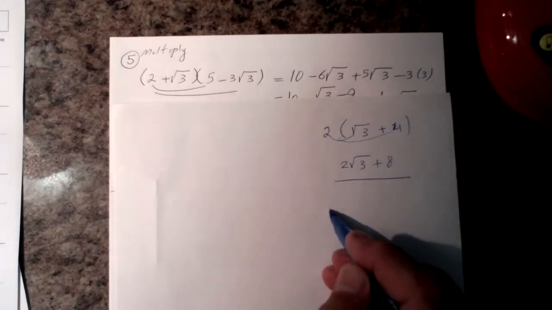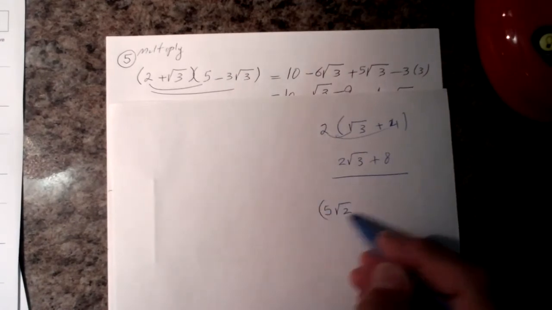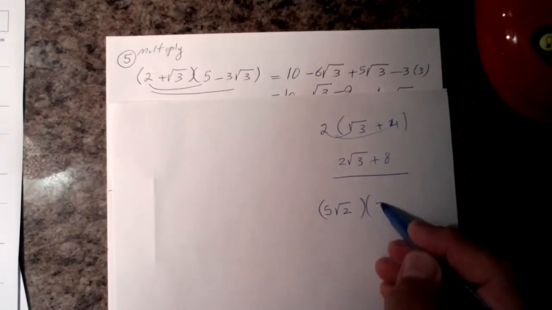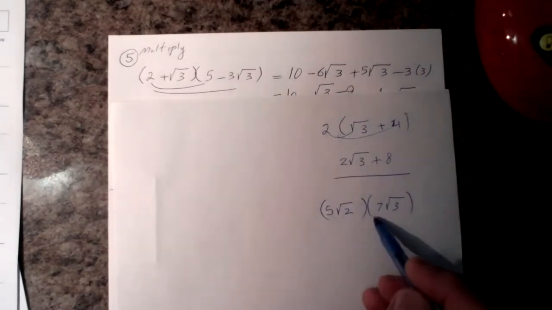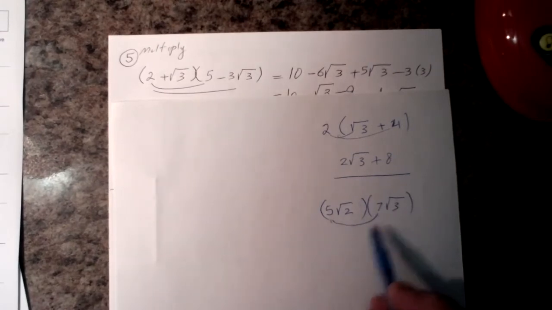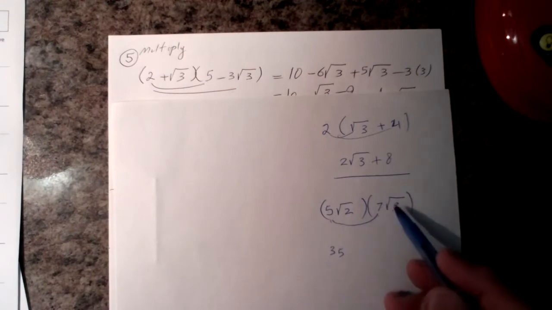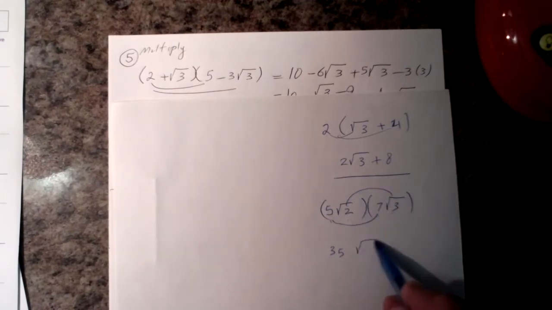But let's say you have 5 radical 2, and you want to multiply that by 7 radical 3. Numbers that are not radical, you could always multiply those separately. So 5 times 7 is 35. And then you could multiply the radicals. Radical 2 times radical 3 is radical 6.